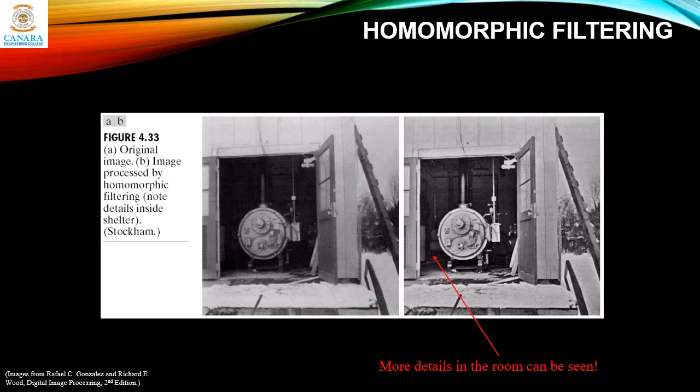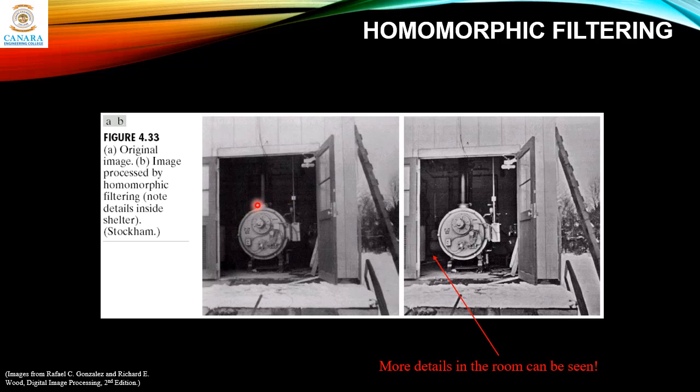So let us see the application of homomorphic filtering and how useful it is. This is the original image, and this is the enhanced image. In the original image, the details inside the room are not clearly visible. It's quite dark, and it's very hard to see what's inside.